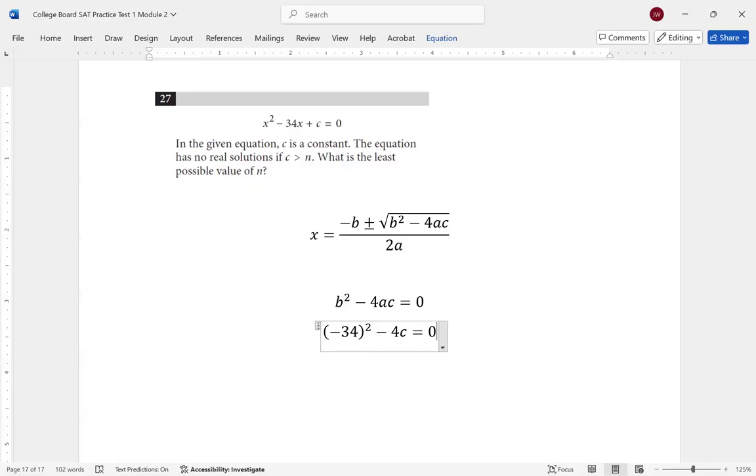When you take -34 squared, you end up with 1,156. If we add 4c to both sides, we get 1,156 is equal to 4c. Then divide both sides by 4, you get c equals 289.